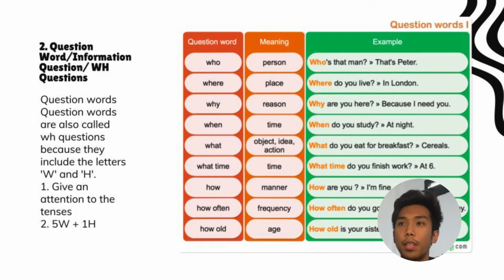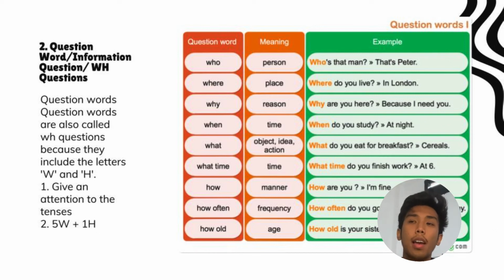For example, if the question word is used to ask about the subject, for example, who's that man? And the answer is, that man is Peter.